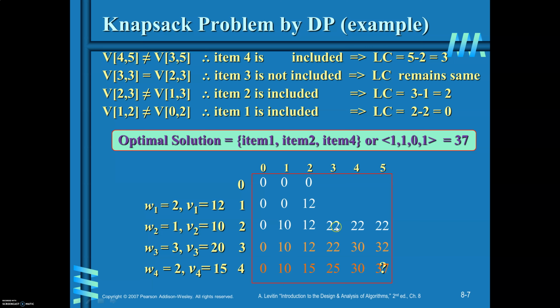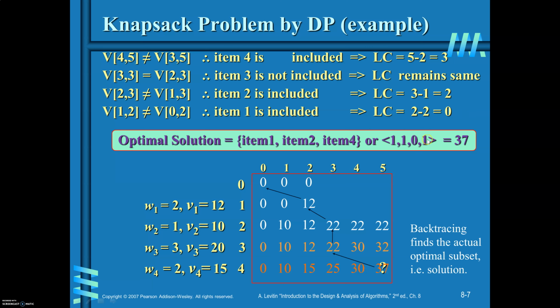Now check for V23. V23 is not the same as that of V13, so item 2 is included here. When you have included item 2, the left out capacity is 2. Check for V12. V12 is not the same as that of V02, so item 1 is included.